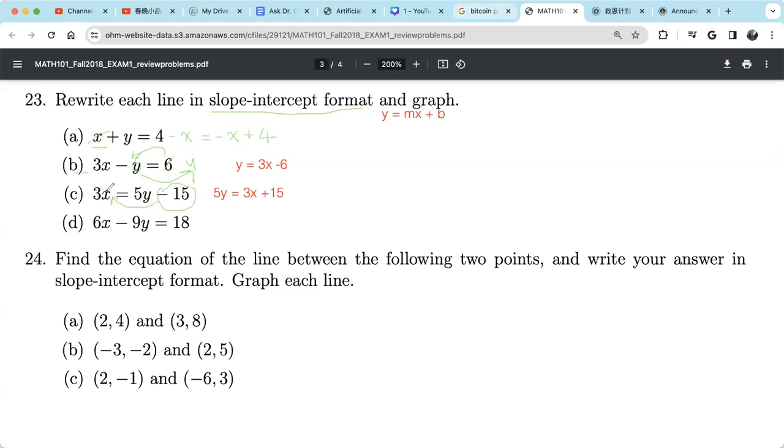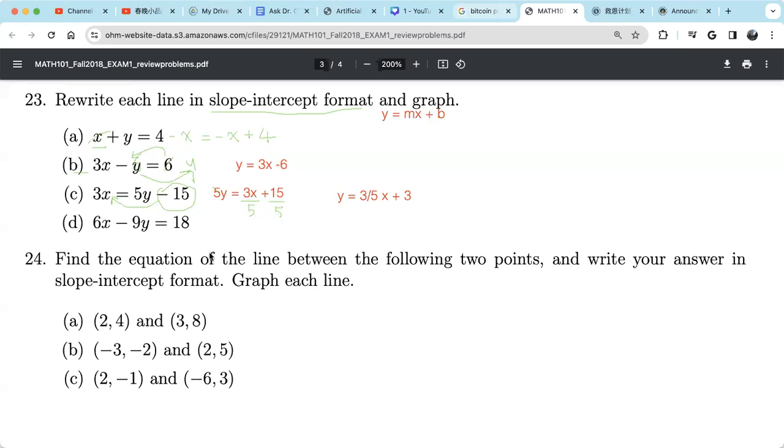So I have 3x plus 15 equals 5y, which is exactly the same as 5y equals 3x plus 15, because it's an equal sign. Then I divide both sides by 5. So I get 3/5 of x. Then 15 divided by 5, I get 3. So the answer for C is y equals 3/5, which is the slope, x plus 3.